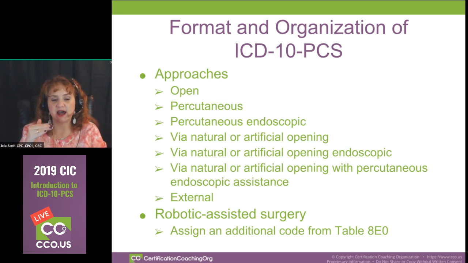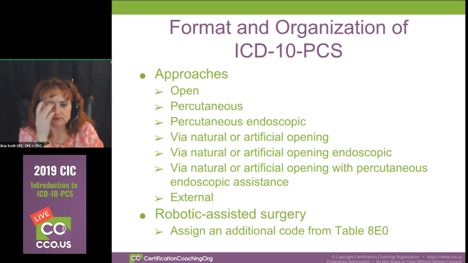Now, those are your four main ones, but every once in a while, you're going to have via natural or artificial opening, via natural or artificial opening endoscopic, or via natural or artificial opening with percutaneous endoscopic assistance. That's all going to be spelled out for you in the documentation, but what would we do through an artificial opening?